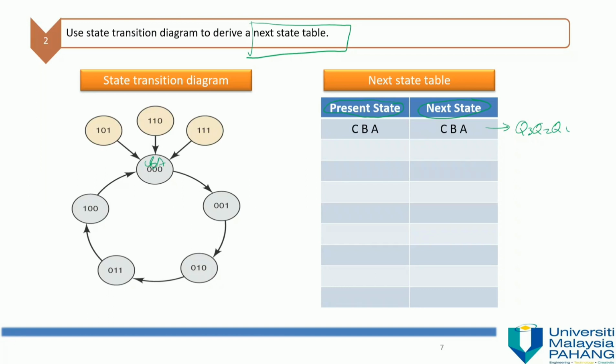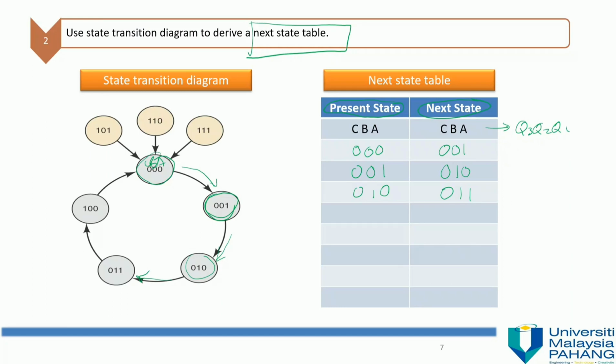To derive the next state table, let's say our present state is 0,0,0. From this present state, the next state is 0,0,1. When 0,0,1 is the present state, the next state is 0,1,0. When 0,1,0 is the present state, the next state is 0,1,1.